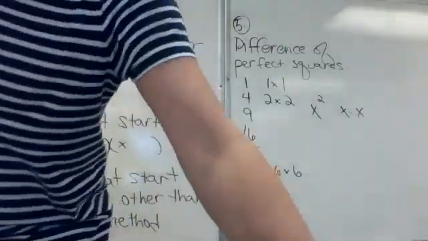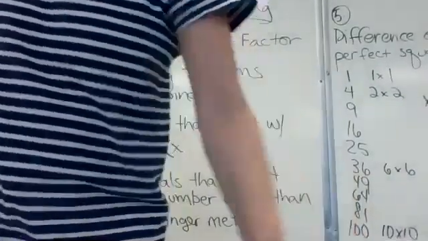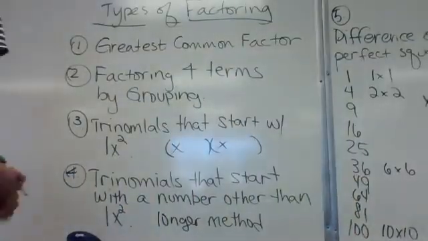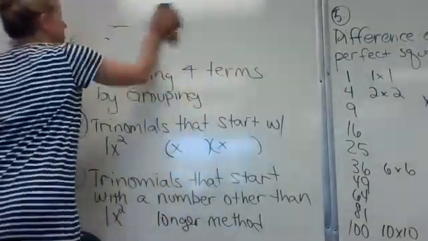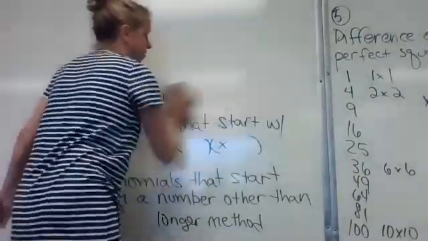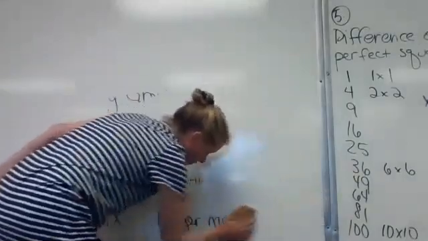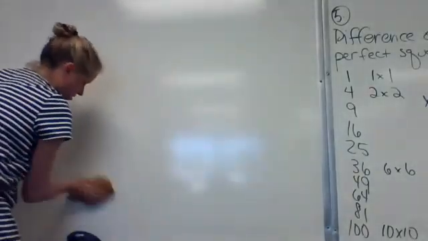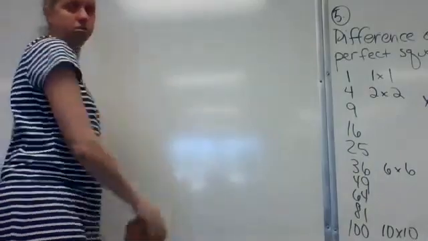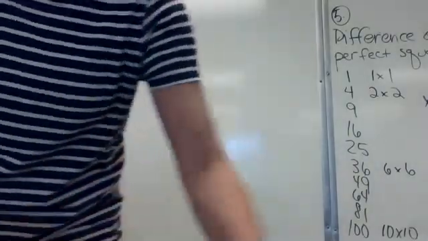So let's look at some of these. Number 1. You have b squared minus 49.